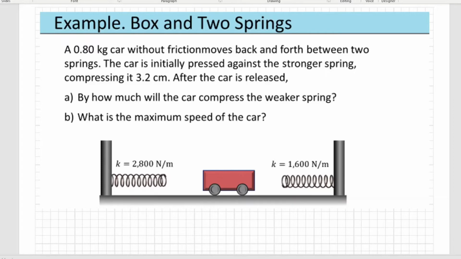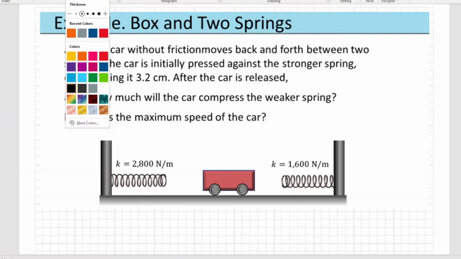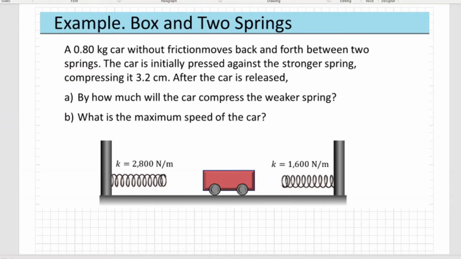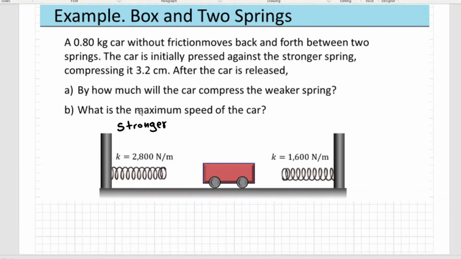So the stiffer the spring, the higher the value of K it will have. So that means the spring on the left is the stronger, and the car is initially pressed against that spring.